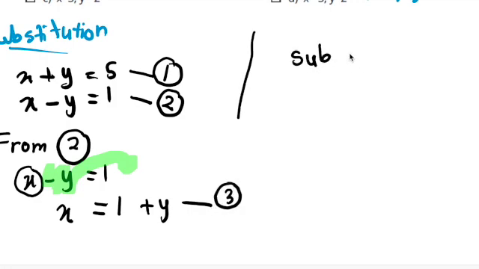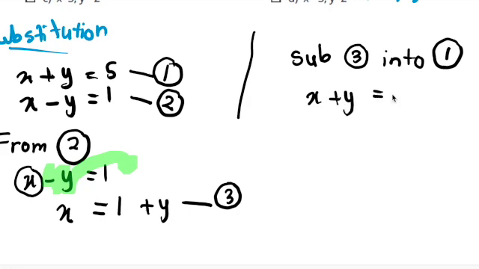Okay, substitute equation 3 into, I cannot choose 2 because 3 comes from 2. I must choose 1. So write down equation 1, x plus y equals to 5. Highlight the variable that we want to substitute, which is x.